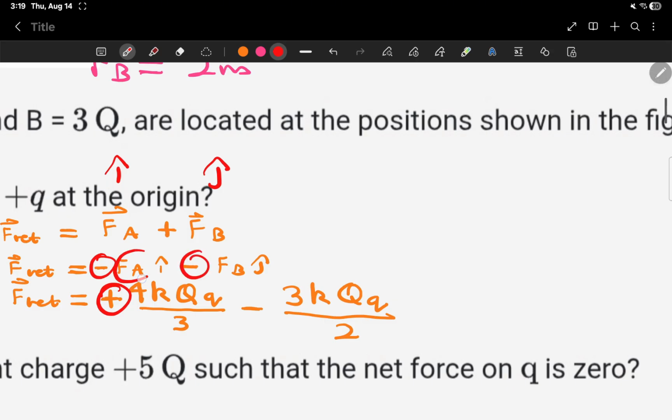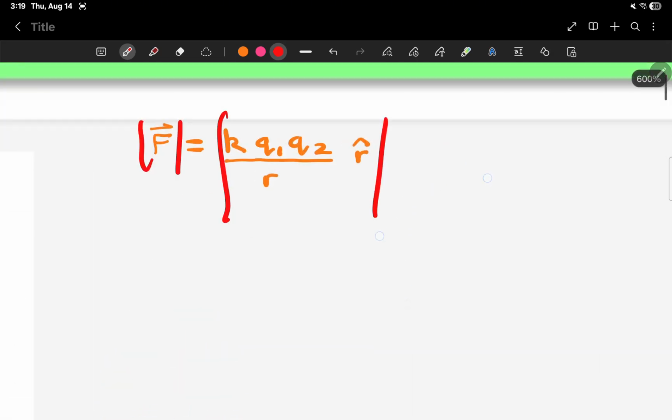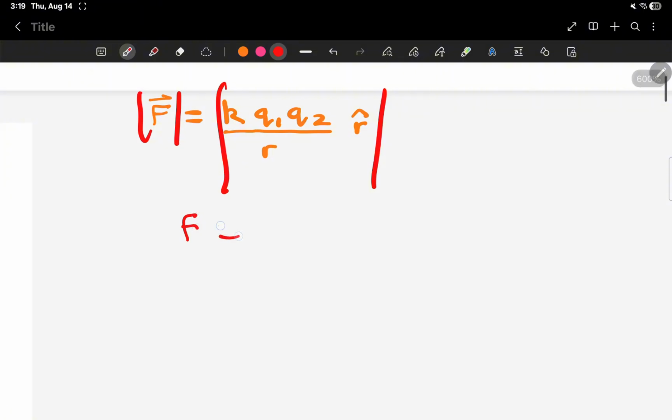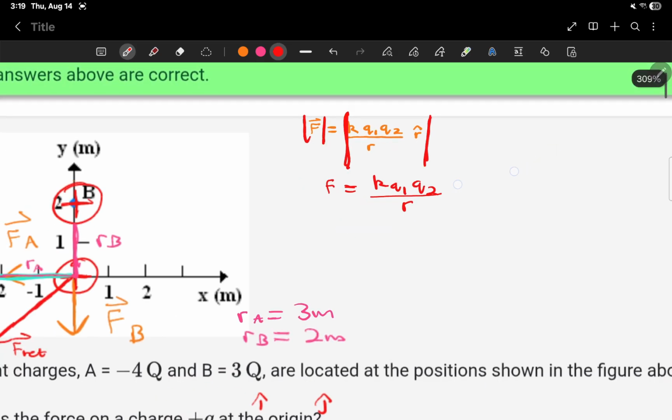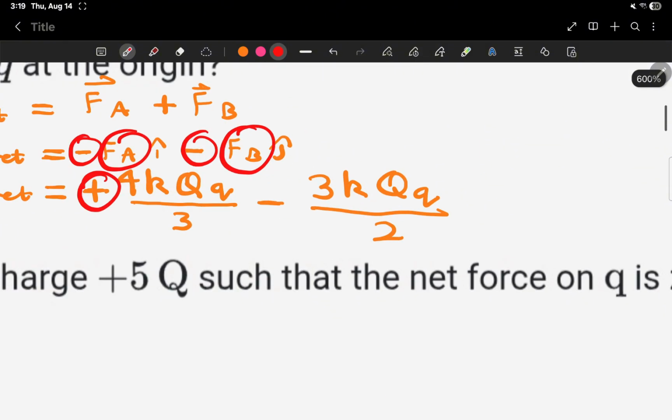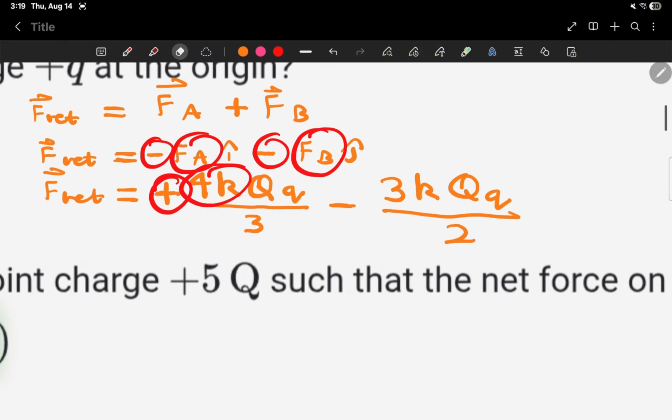So at this point, I was only solving for magnitudes, which means that my equation actually looked like this, in magnitude form. If I get a negative sign from any of these charges, it would automatically cancel out because of the absolute value here. So I would just get the actual numbers, not the signs. And so that was a problem here. I plugged in -4 when I didn't have to do that. That was a mistake. So actually the sign here would be negative.